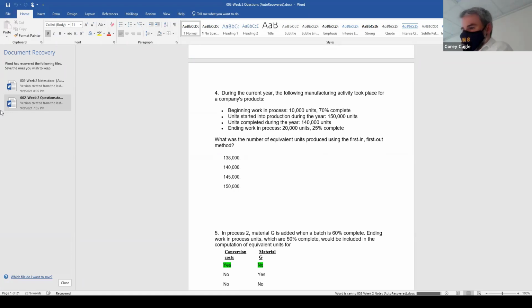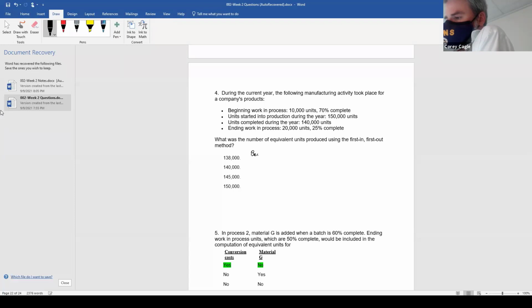All right, so they just want equivalent units from FIFO. So our step 2. During the current year, the following activity took place. So step 1, figuring it all out. We got beginning work in process, 10,000. They just say 70% complete. So they're not even breaking it out into materials and conversion. So I'll let that throw you. All right, so 30% to go, right?